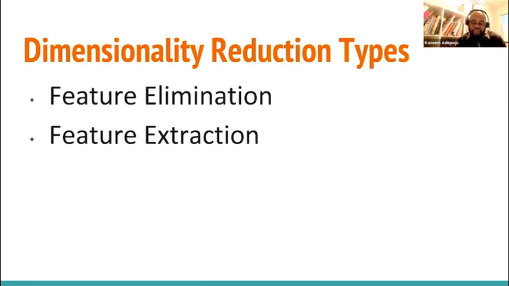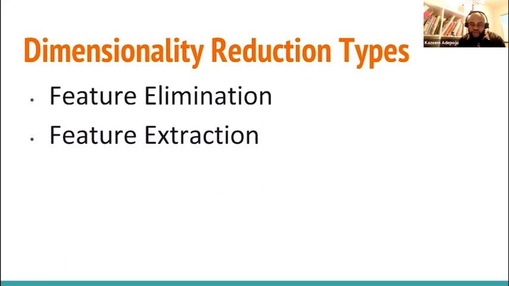Feature extraction is just like, instead of working with so many variables, why can't I just select those that are reasonable? So when we're talking about dimensionality reduction types, we have feature elimination and feature extraction.